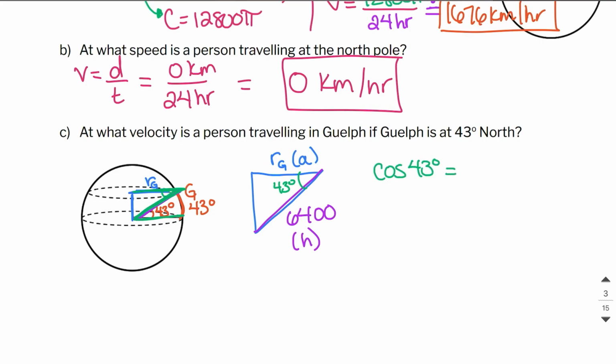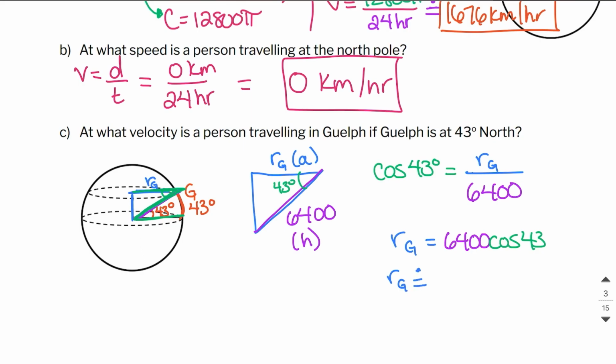So cosine of 43 degrees is going to be the adjacent over the hypotenuse, right? If I isolate the radius of where Guelph is, I multiply both sides by the 6,400 to cancel it out. I would get 6,400 times the cosine of 43.